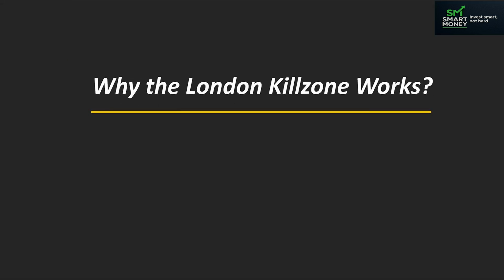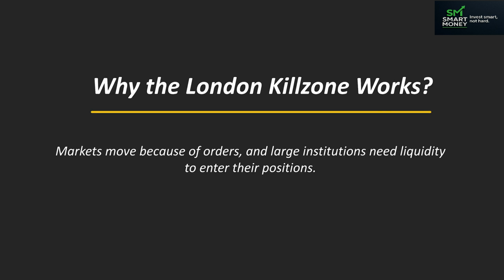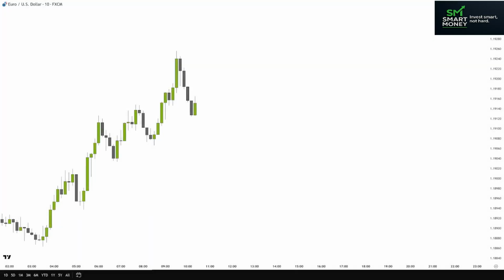Why does the London Killzone work? To understand why, we need to think about liquidity. Markets move because of orders, and large institutions need liquidity to enter their positions. One of the easiest places to find liquidity is above previous highs and below previous lows, where many retail traders place their stop losses.